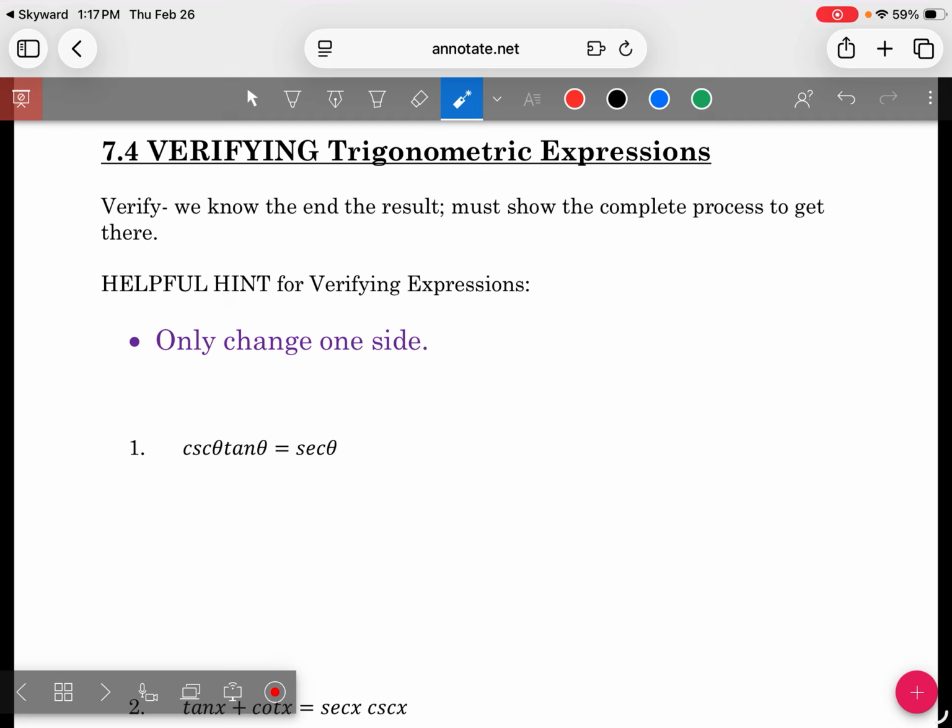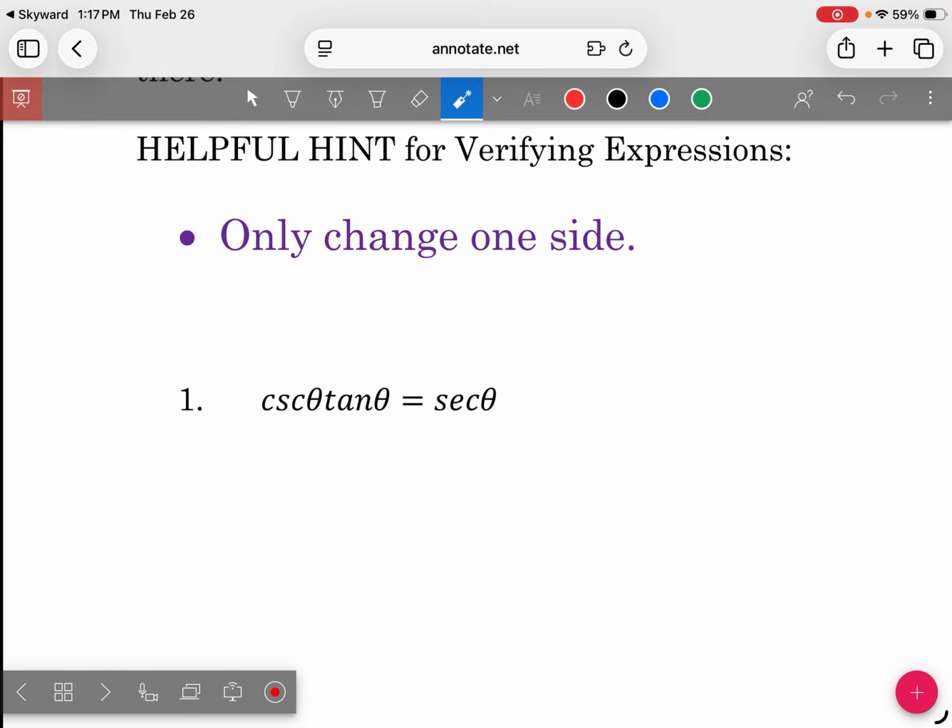So now let's talk about verifying. The only helpful hint I have is that you're only changing one side. But I do think verifying is a little easier because at least I know where I'm trying to go. So I know I am trying to get to secant.